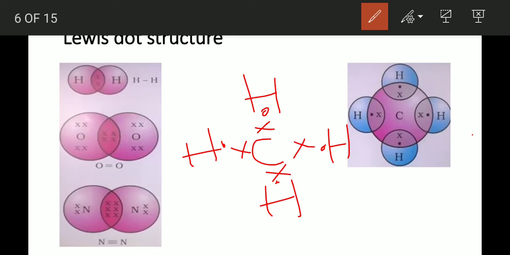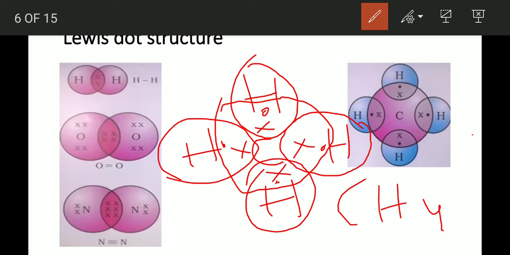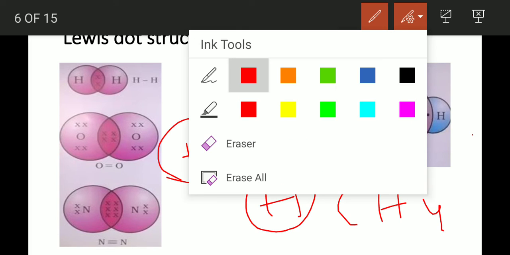It has only one shell. To become stable, it also needs 1 electron. That's why this hydrogen shares its 1 electron with carbon, and this carbon also shares its 1 electron with hydrogen and becomes stable. With 4 hydrogens, carbon shares its electrons and becomes stable. This is CH4, methane's Lewis dot structure.